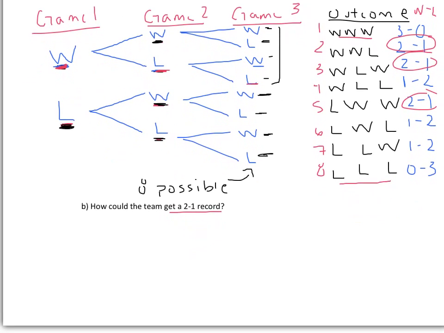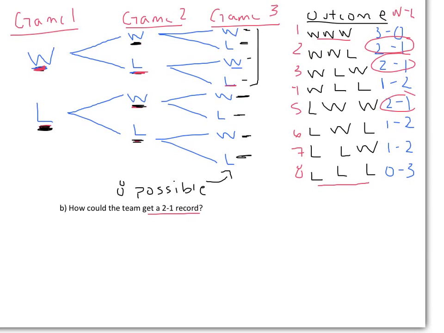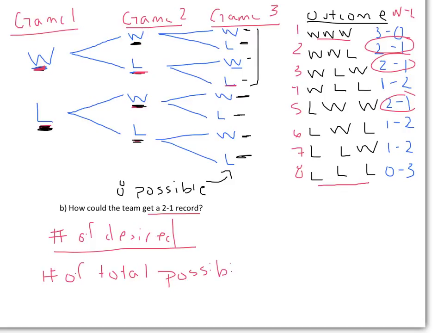So how do we write that down? How do you get a 2-1 record? Well, we ask, what's the desired number, or what is it that you're trying to find, out of the number of total possibilities? Our desired number is the ways that you can get a 2-1 record, and we found that there were 1, 2, 3 ways of getting that.